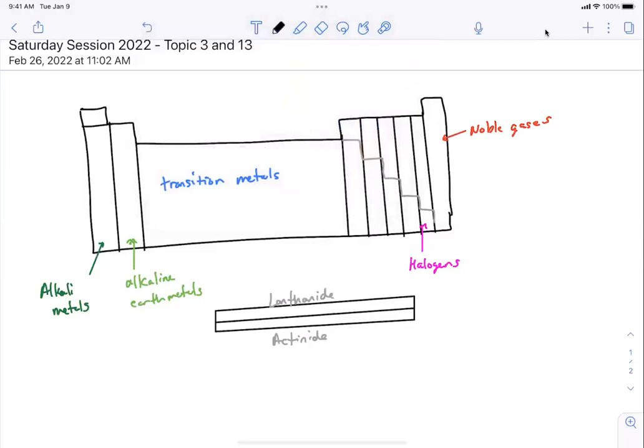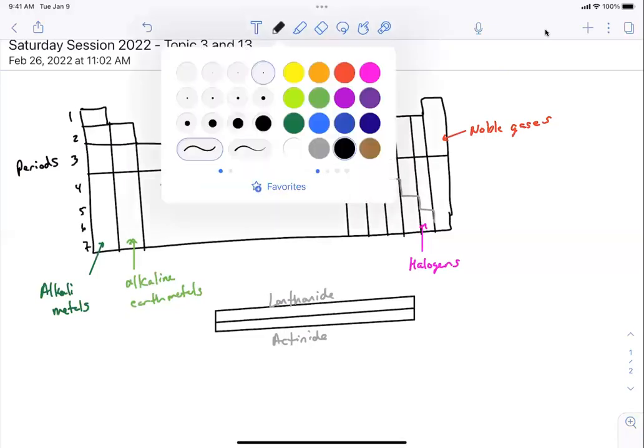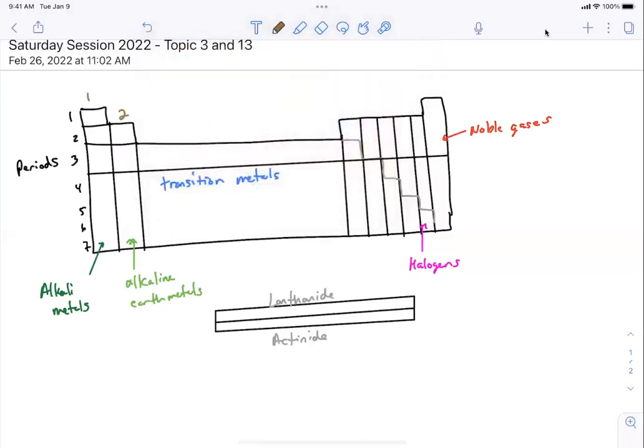And these rows that we have on the periodic table are our periods: 1, 2, 3, 4, 5, 6, 7. And the numbers on the top are our group numbers. Okay.